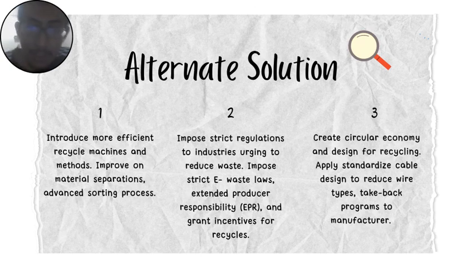Also impose strict e-waste laws like extended producer responsibility or EPR, and grant incentives for recycling. And third, we can create a circular economy and design for recycling. Also apply standardized cable designs to reduce the wire types that manufacturers have to produce.